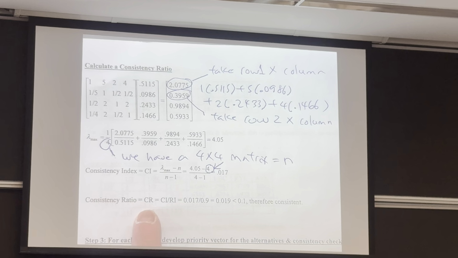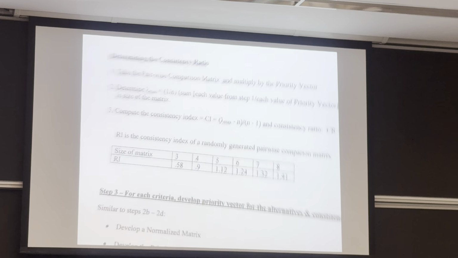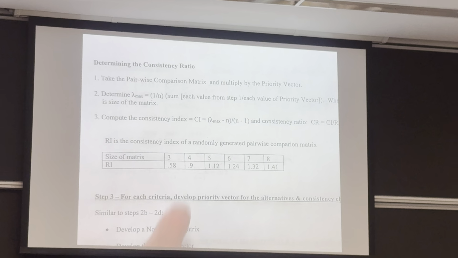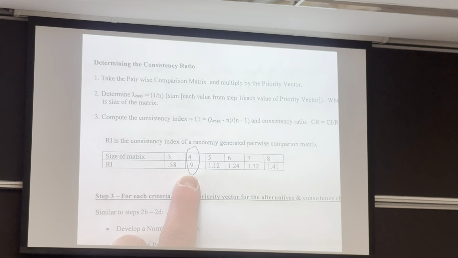Finally, to calculate the consistency ratio, we take the consistency index and divide by the random index. So our consistency index is 0.017, and the random index is 0.9. Well, how do we get 0.9? So here in this table, this is a so-called random index, a consistency index of a randomly generated pairwise comparison. So for us, we have a size of matrix. For us, n is 4, and so the random index is 0.9. So the random index is basically just randomly making comparisons and seeing what the index value you get.